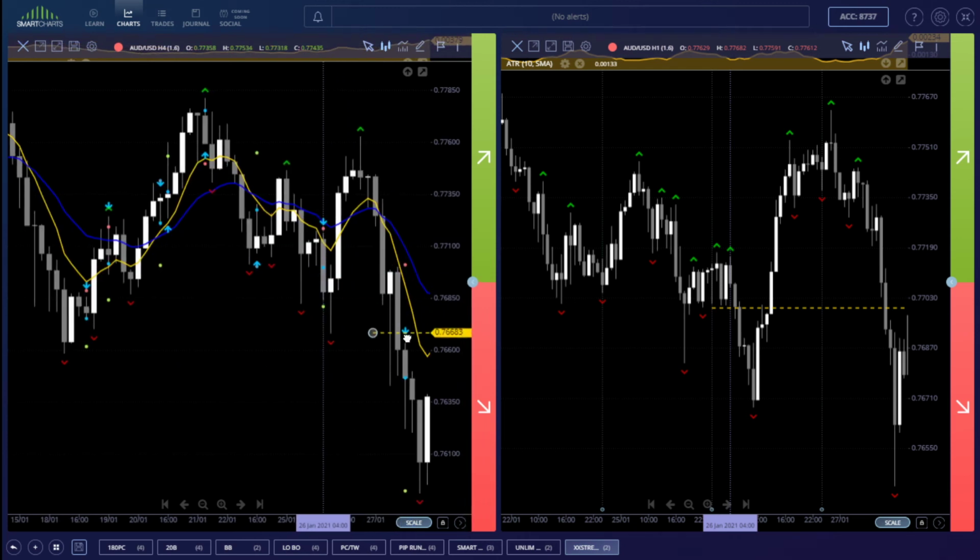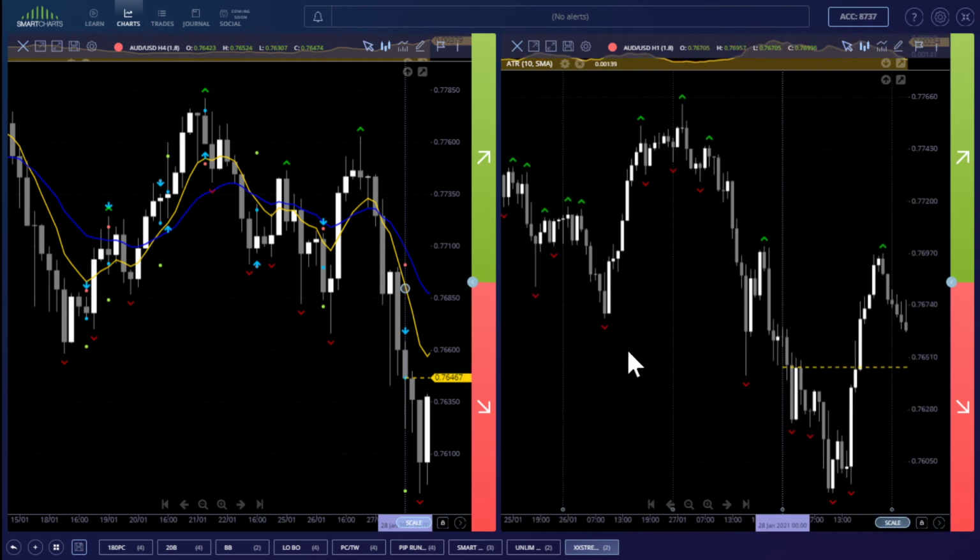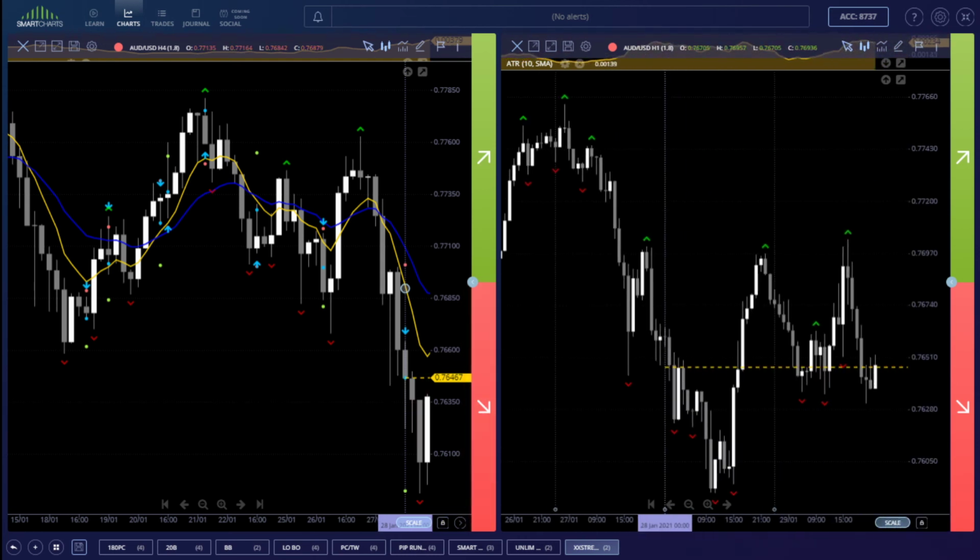Here's our next one. We want the candle to close below this guy. Let's move forward. Here it is. This candle, this gray one, closed below, because we're selling. The next candle came back up to your entry price, so you would have been triggered into the trade.